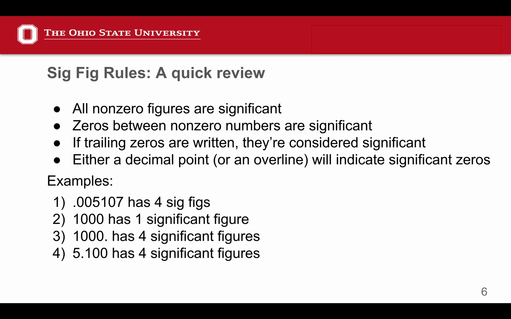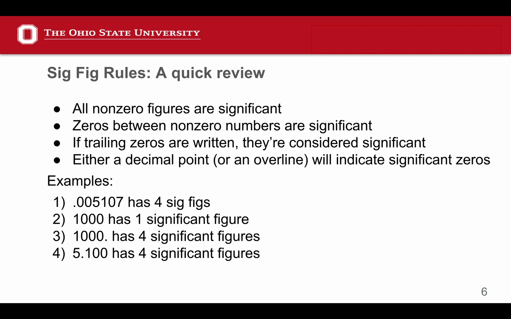Now, on a different note, I'm going to review these rules for Sig Figs, which for individual numbers can just be boiled down to these 4 points. So we know that all non-zero numbers are Sig Figs, and that any zeros between these non-zero numbers are Sig Figs.